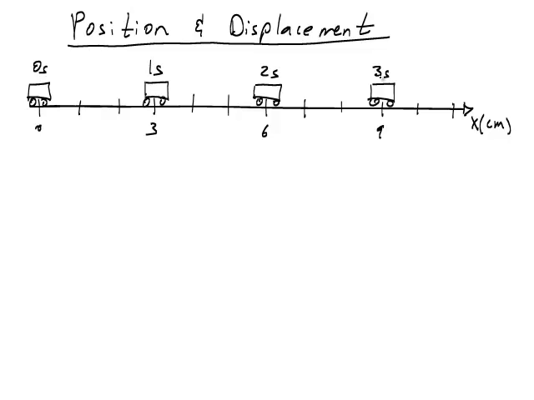Now what I can ask myself is, where is my robot as a function of time? And when you hear the word where is something, you need to think about position. So a good way to look at this is by looking at two columns, one for time, one for position, and again this is in centimeters.